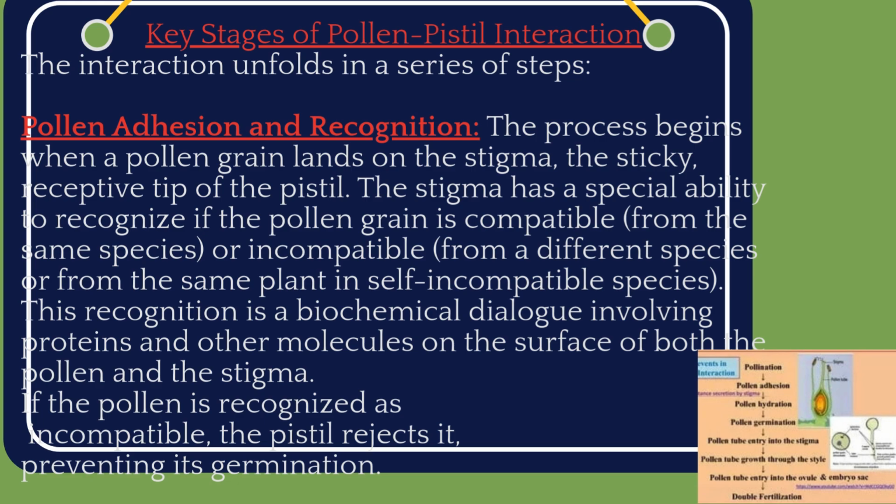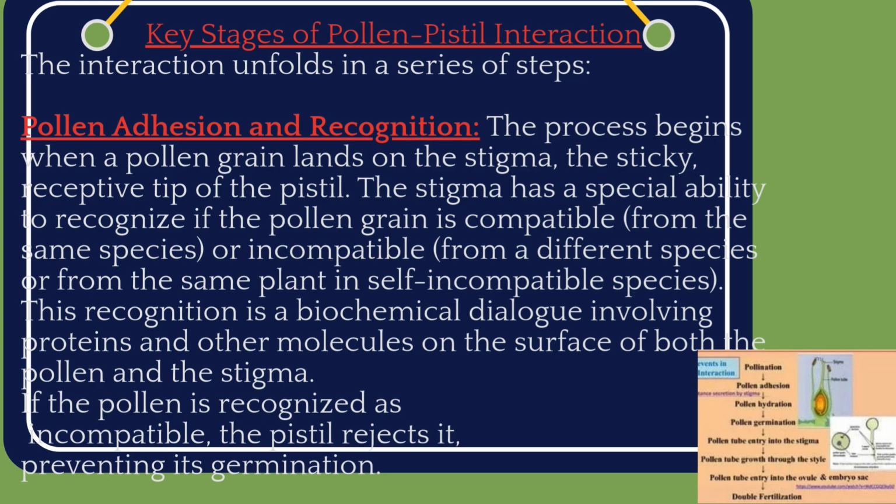Students, as you can see in the figure, the first step is pollination. Second step, pollen adhesion, means the sticking of the pollen grain. Third, pollen hydration. The nourishment will be provided to the pollen to get hydrated. Then the next step is pollen germination. The process of germination takes place here if it gets recognized.